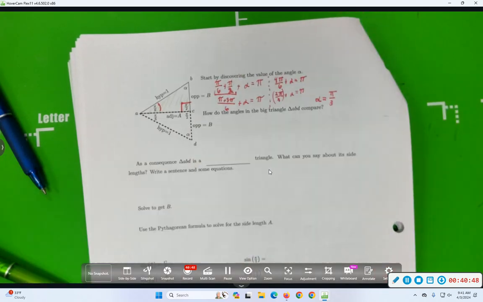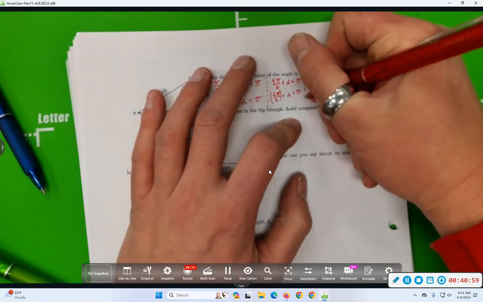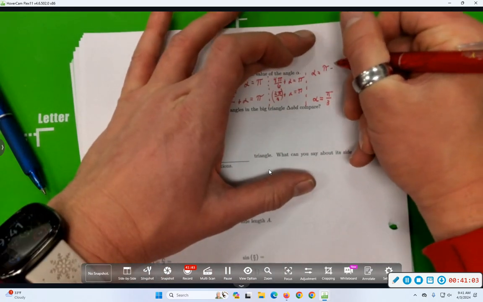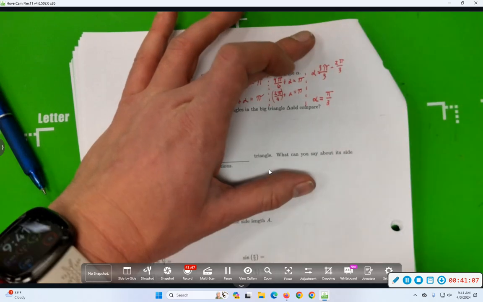All right. Now there's just a single number added to alpha and the result's pi. So just subtract that to the other side. Feel good? So alpha is pi minus 2 pi over 3. Play the same game, get a common denominator.